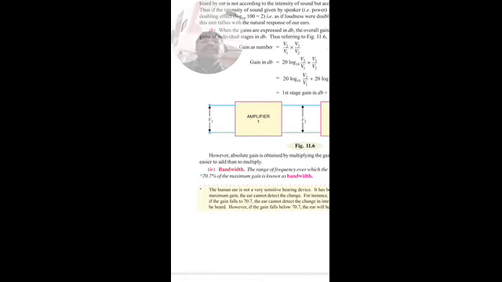For example, if the gain of an amplifier is 100, then even if the gain falls to 70.7, the ear cannot detect the change in the intensity of sound, and hence no distortion will be observed by our human ear. However, if the gain falls below 70.7, the ear will hear clear distortion.